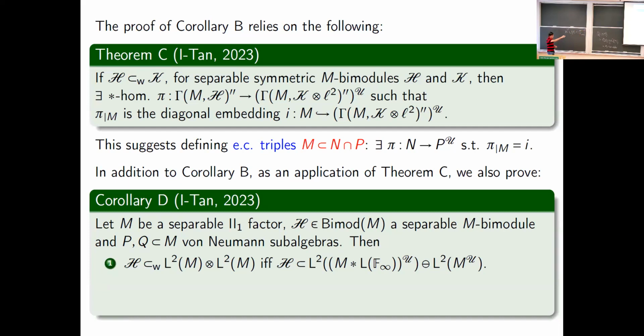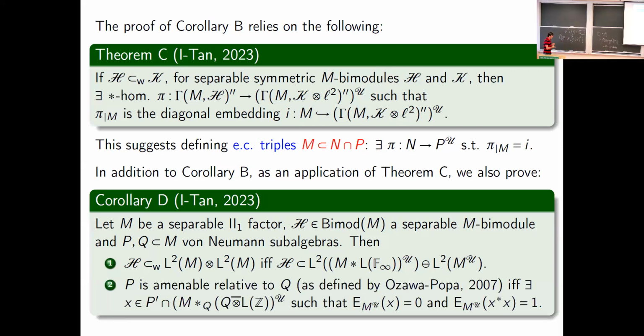And on the right, what I wrote there is really the L2 closure of the orthogonal complement of M^U inside the larger algebra. So this tells you that you're weakly contained in the coarse bimodule if and only if you're actually contained in the specific, non-separable bimodule.